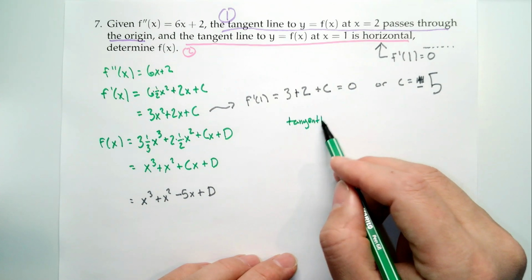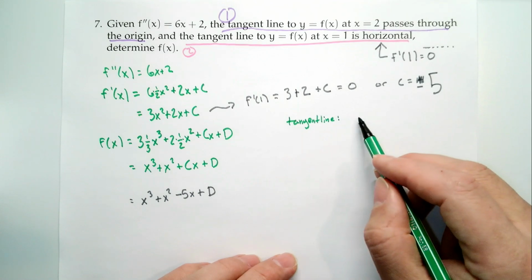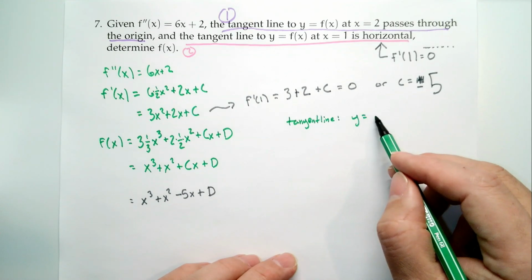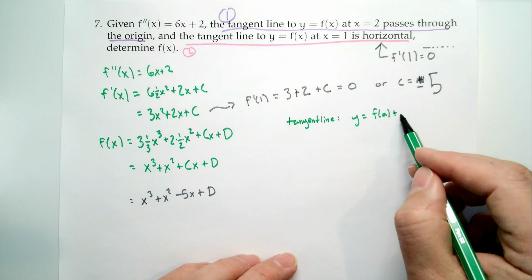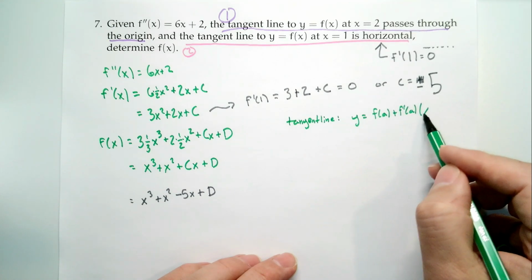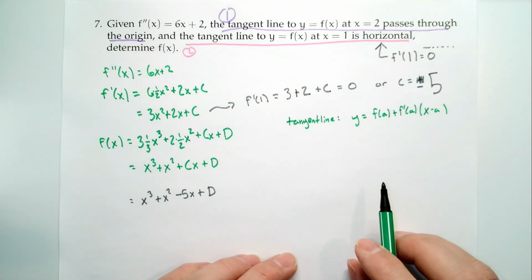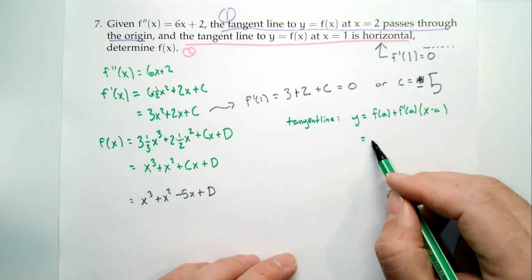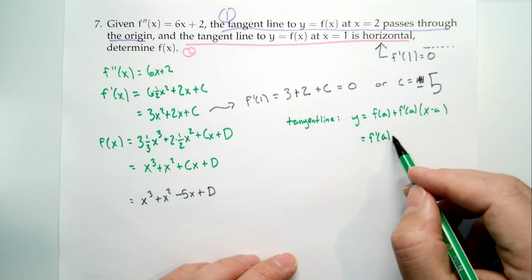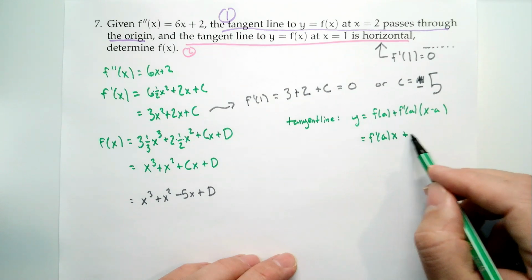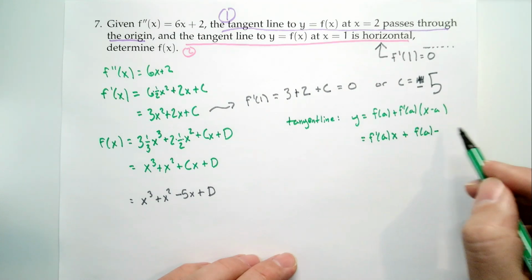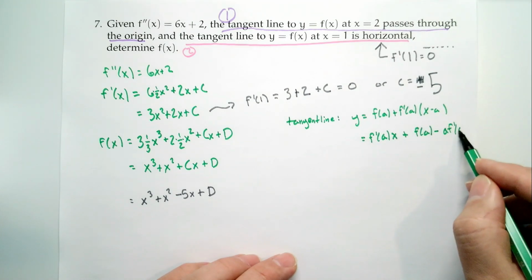The tangent line is y equals f of a plus f prime of a times x minus a. That's just the generic formula. So that's f prime of a times x plus f of a minus a f prime of a.